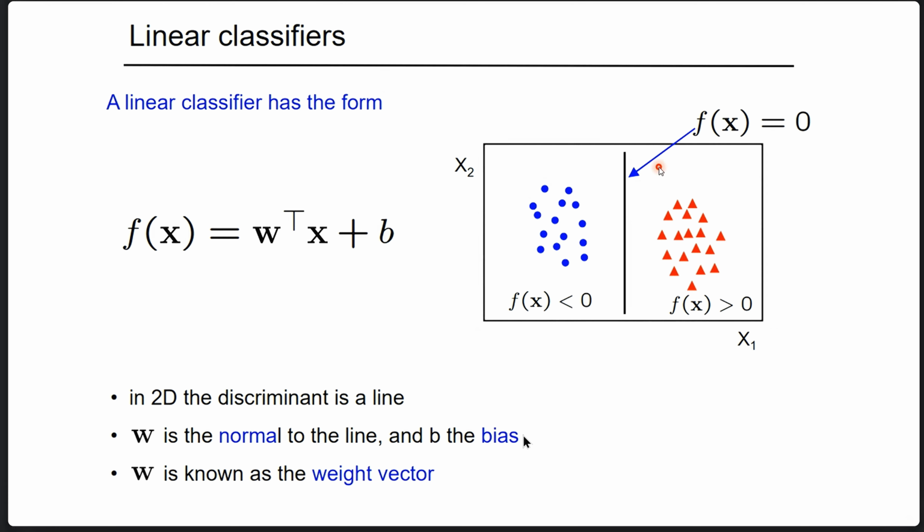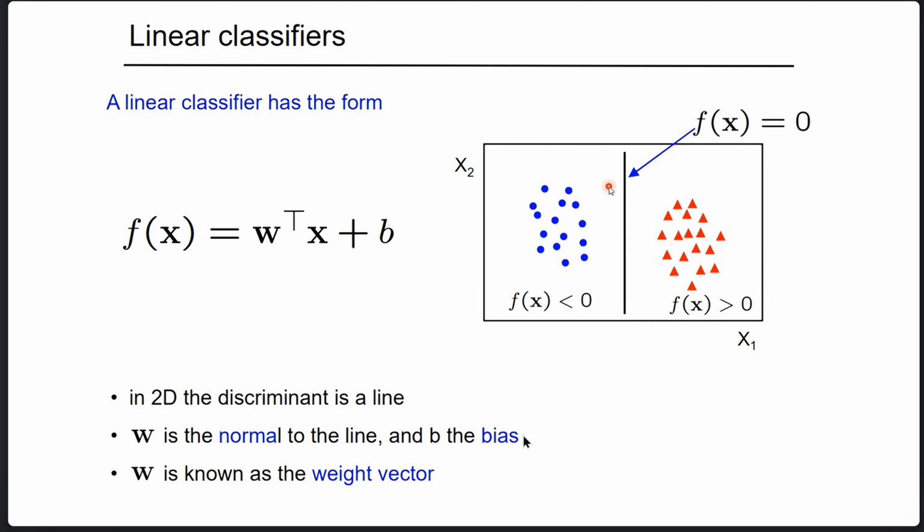If the points are below, f of x will be less than 0. I think we studied this in JEE and even in linear algebra. And if the point is above the line, f of x should be greater than 0.